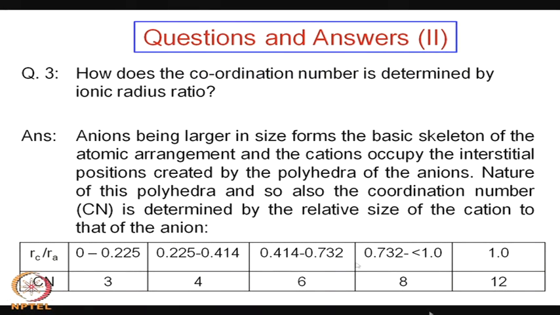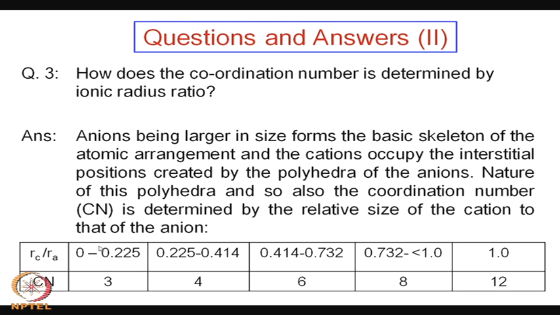So, the exact coordination number or the exact polyhedra surrounding a cation is determined by the cation to anion ratio. This is RC by RA, and this gives the coordination number.